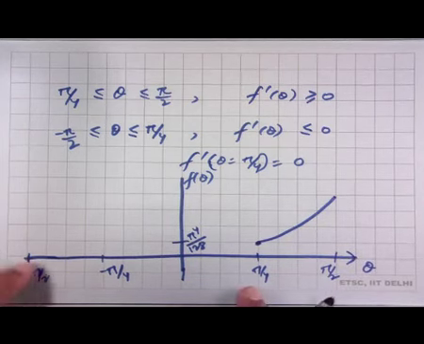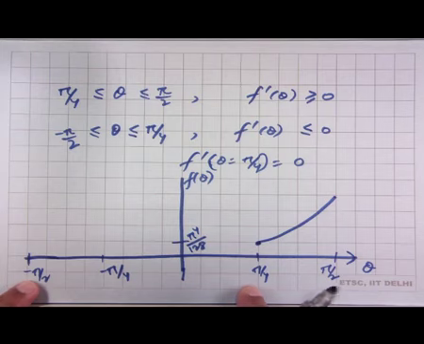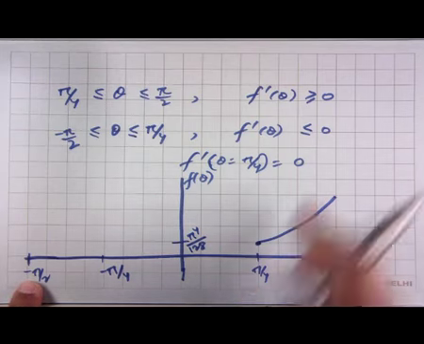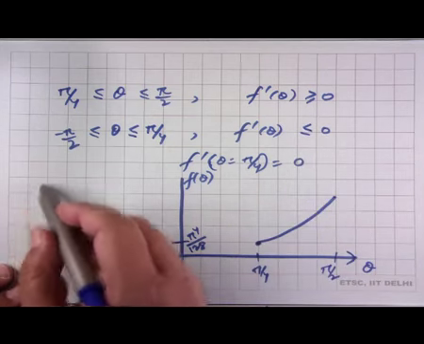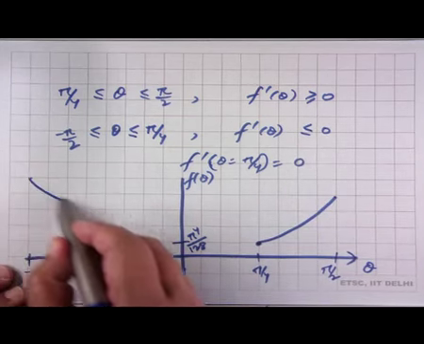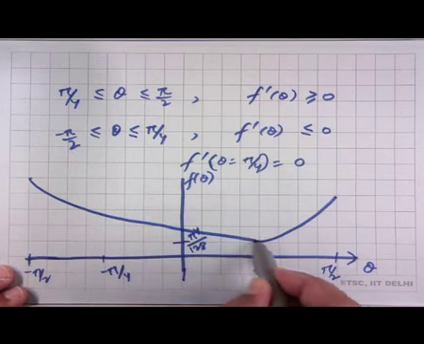And then in the interval from minus pi by 2 to pi by 4, we know that the derivative is negative, which means that the function would be decreasing. Starting from here, the value would be decreasing like that.